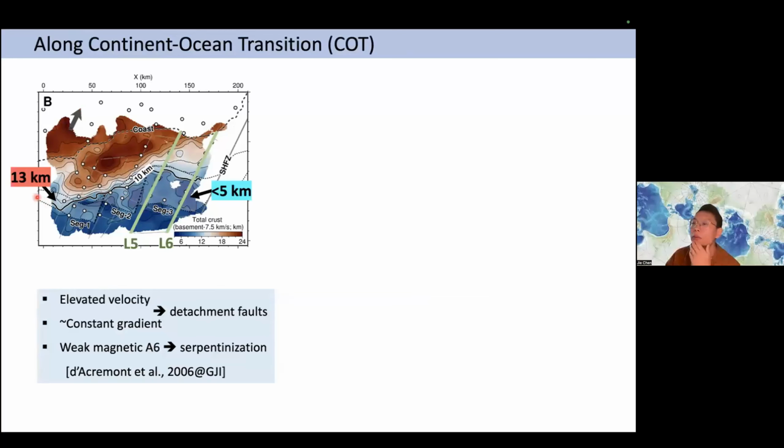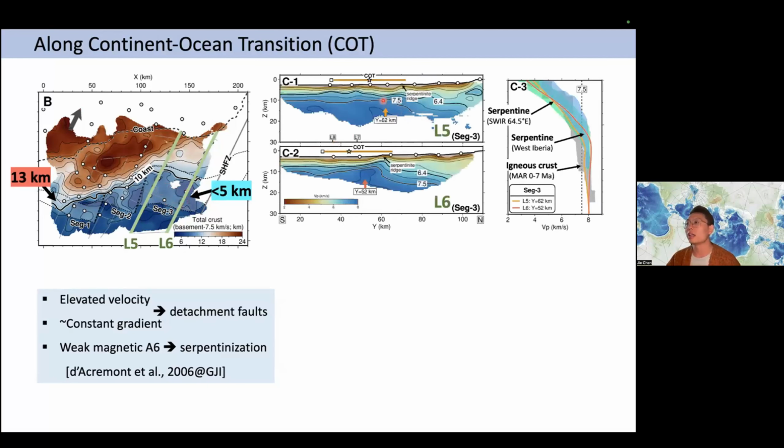If we look along the continent-ocean transition, we can see the crust here is thickest at 13 kilometers, and thins to the east to only 5 kilometers. If we look at the thinnest crust at profiles 5 and 6, and here is the COT, this orange line, we can see there is an elevated velocity beneath the COT.